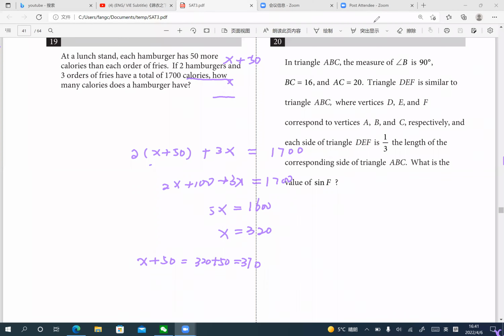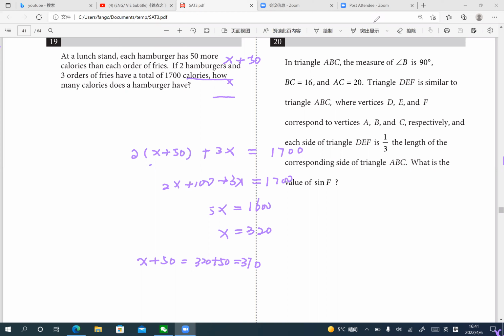Question 19. At a lunch stand, each hamburger has 50 more calories than each order of fries. If 2 hamburgers and 3 orders of fries have a total of 1700 calories, how many calories does a hamburger have?